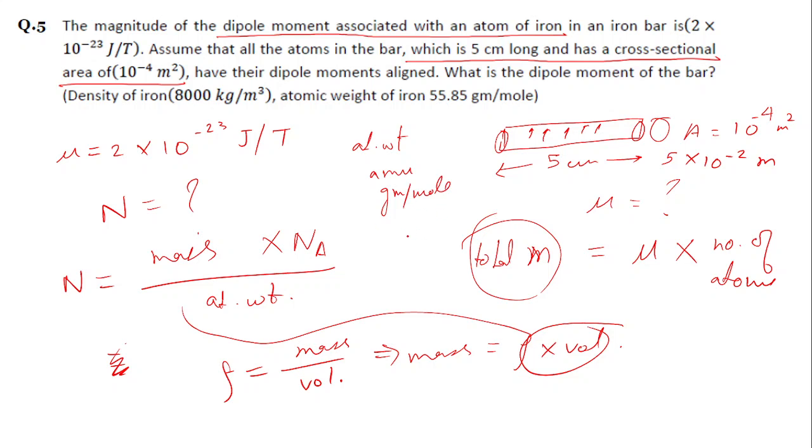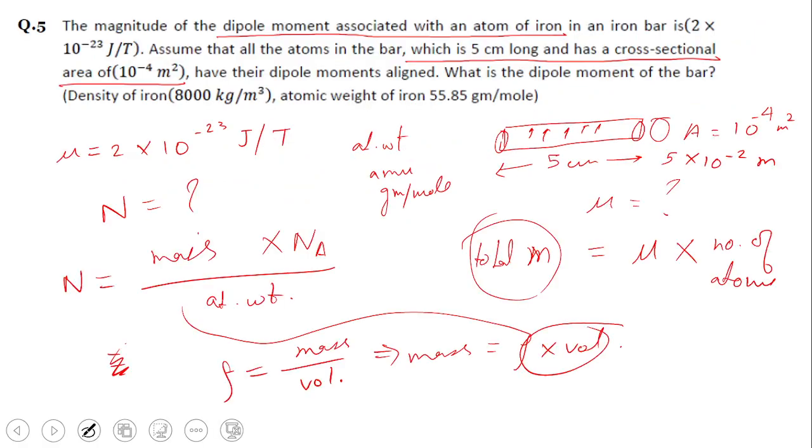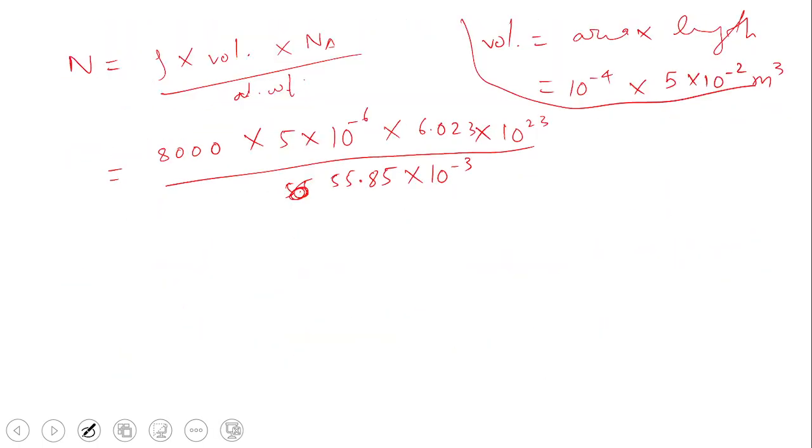Now here, to keep everything in SI unit, we'll change it to kg per mole, and gram to kg is a 10 to the power minus 3 conversion, right? So atomic weight 55.85 gram per mole, when I convert it into kg per mole, I'll multiply by 10 to the power minus 3. Okay, all this is done.